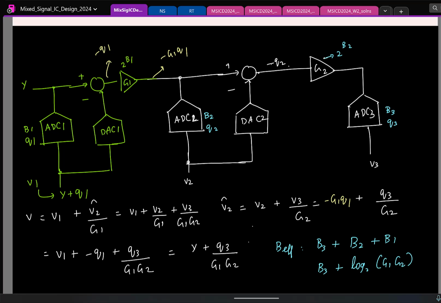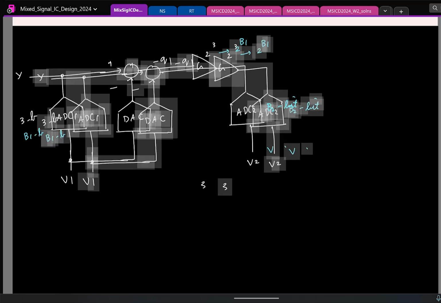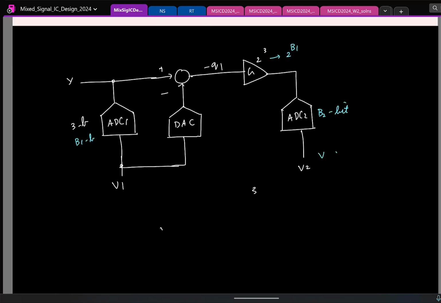Before we extend, there are a couple of jargons for you to remember. Typically the first ADC, we call it the coarse ADC, or sometimes the front-end ADC. If the first one is the coarse ADC, what will be the last one?